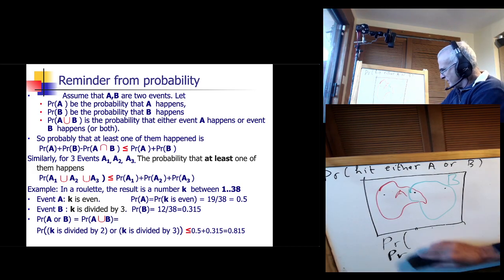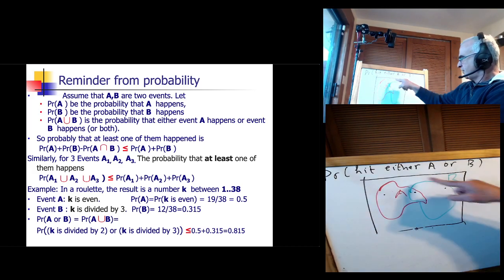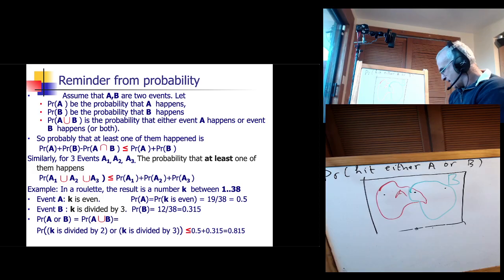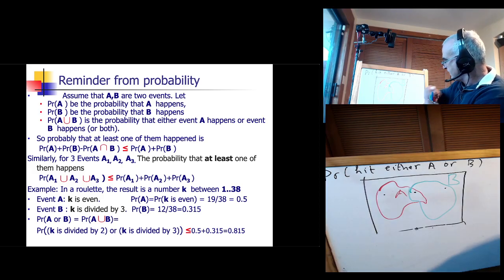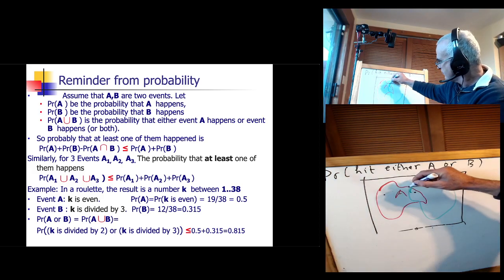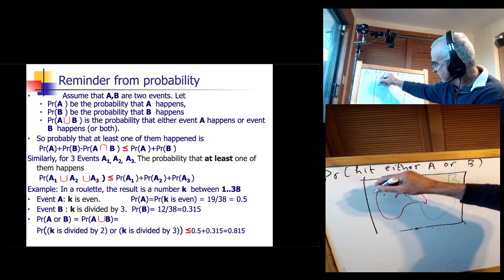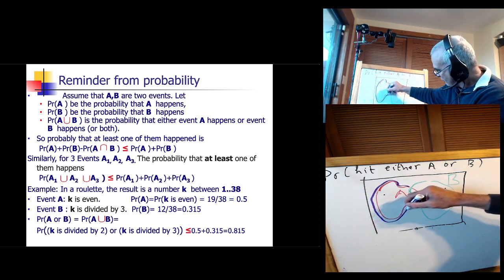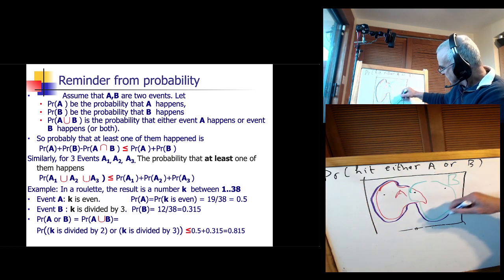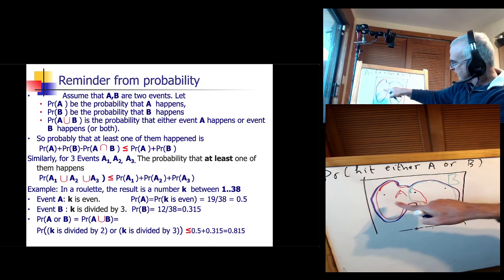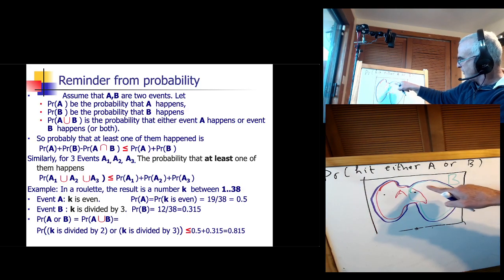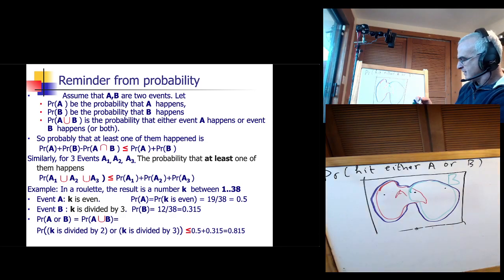And the answer is, of course, that we will compute how much of the square is covered by the union of A and B. It is this shape of all the points that are either only on A or only on B, or in the intersection.